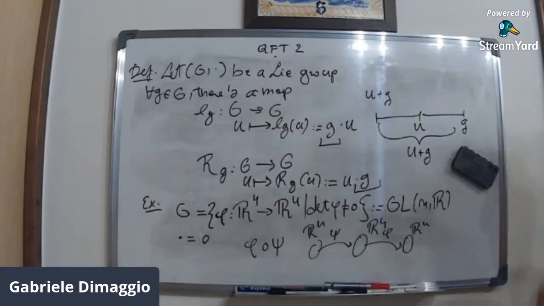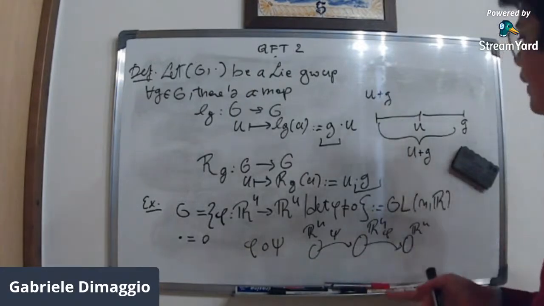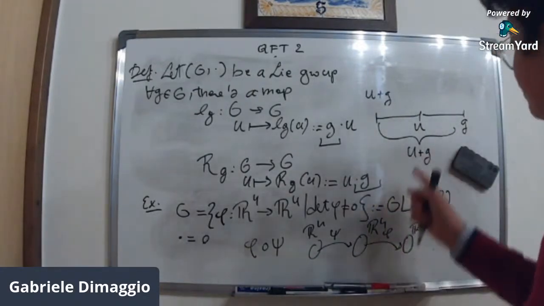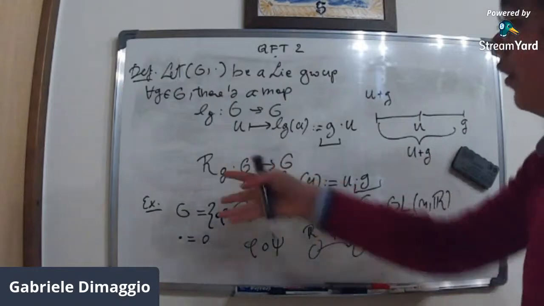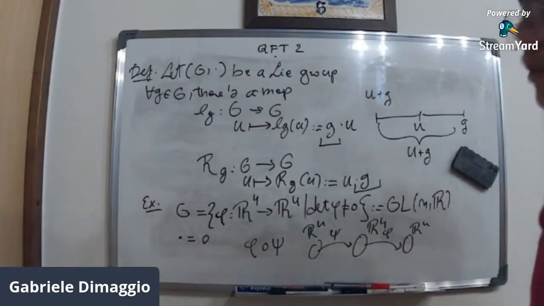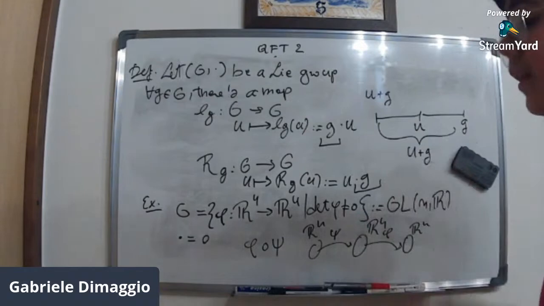But when I start talking about a commutative operation, for example, the sum in R^n is an abelian Lie group.